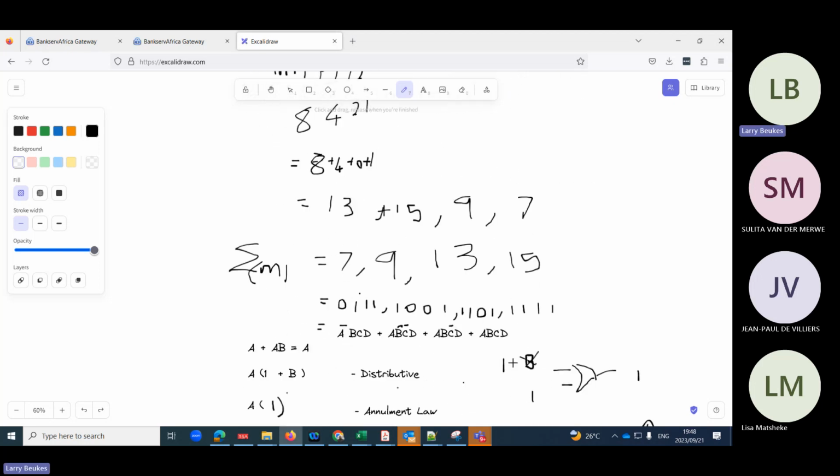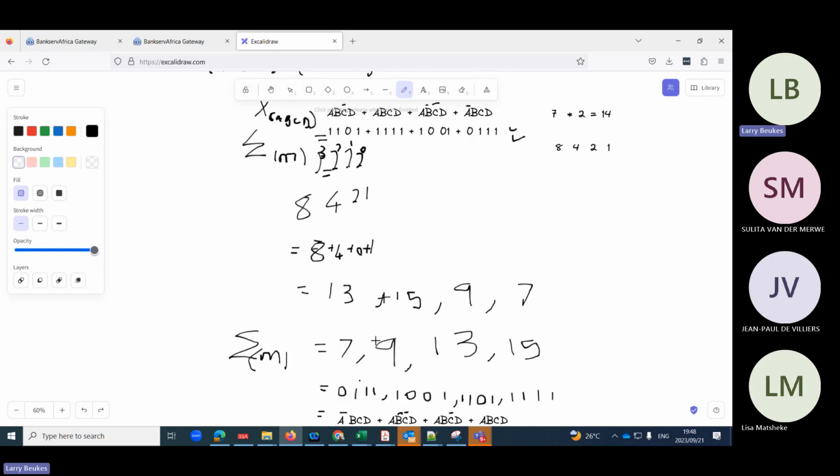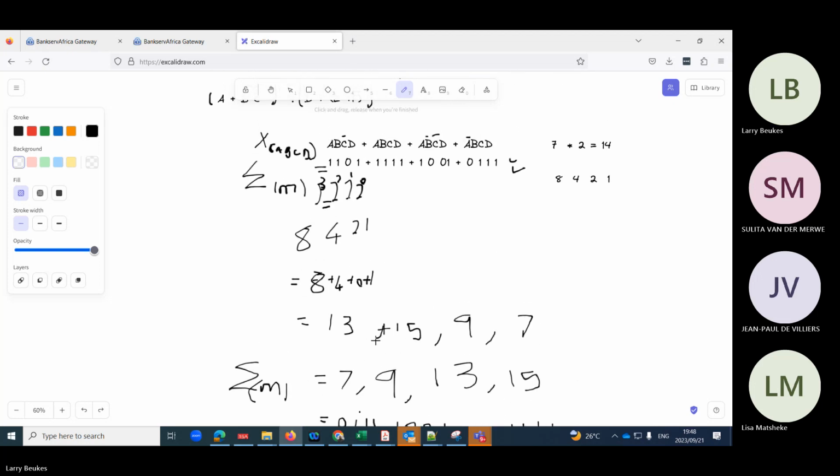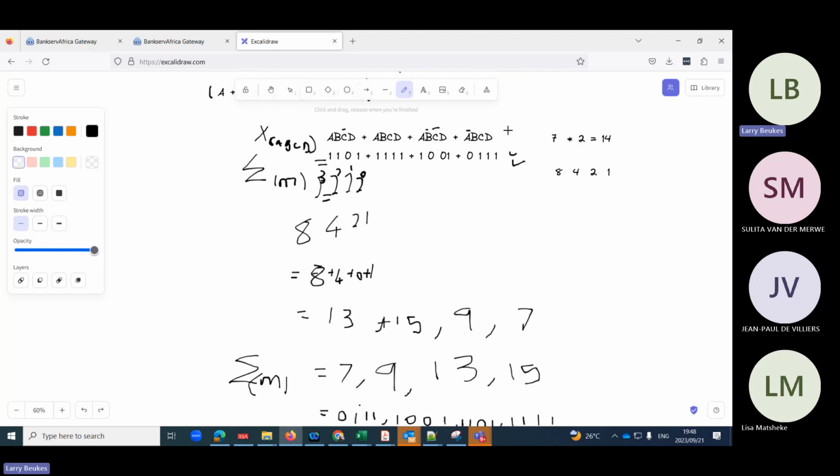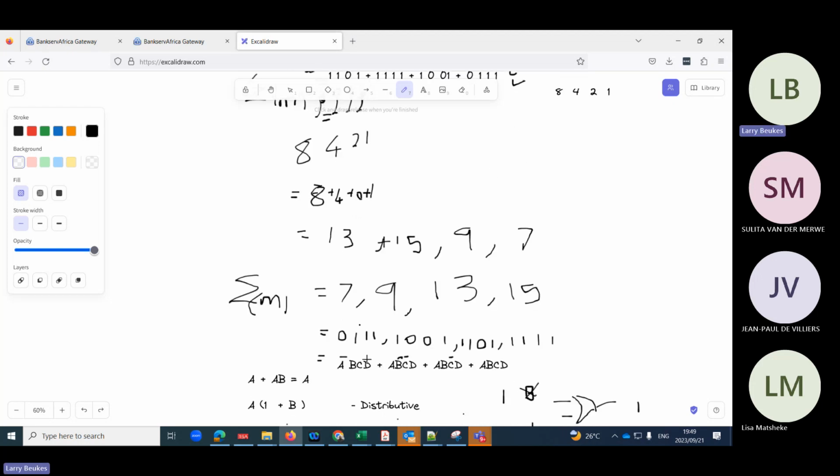So this, where's the 7? Which one is the 7? Here's the 7. So this, we should get not A, B, C, D. Here it is.